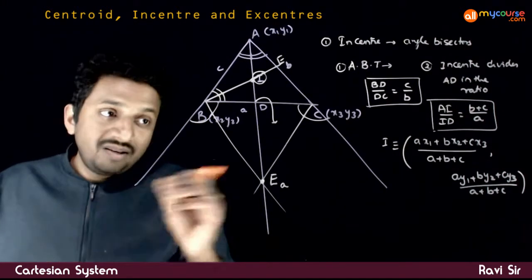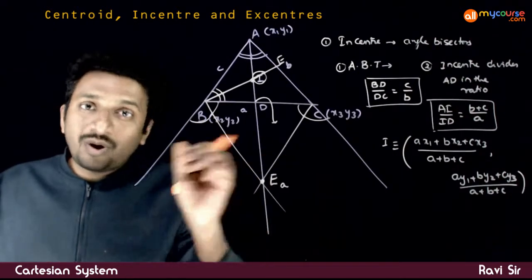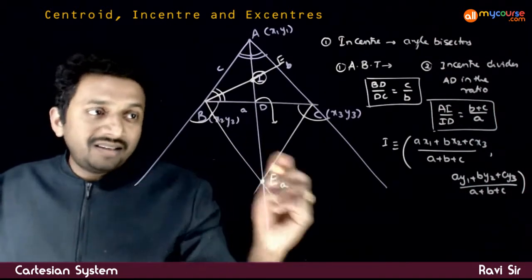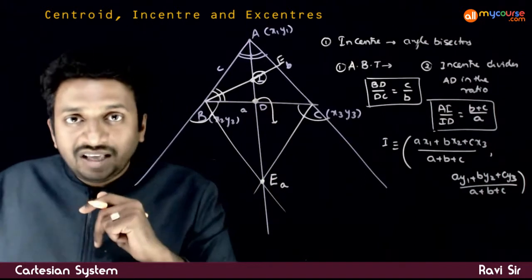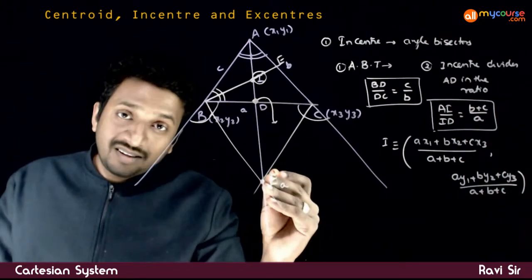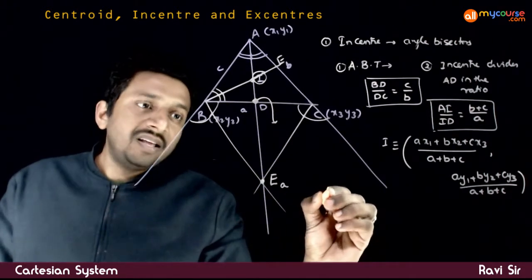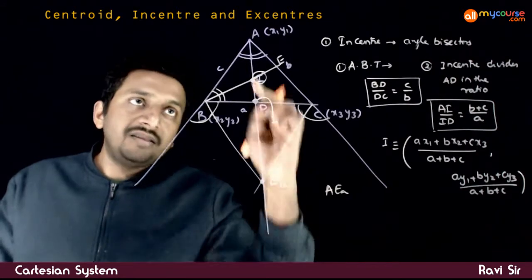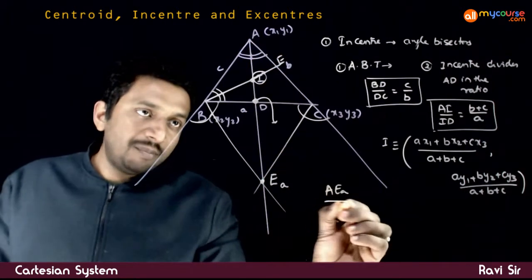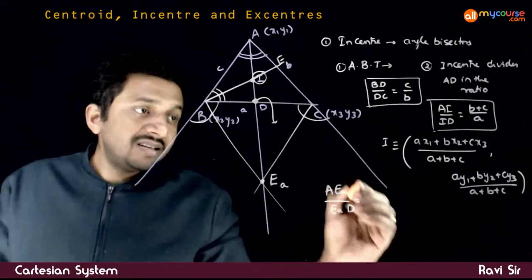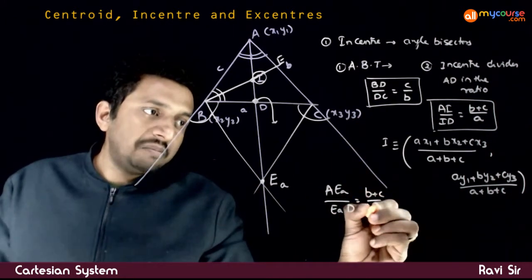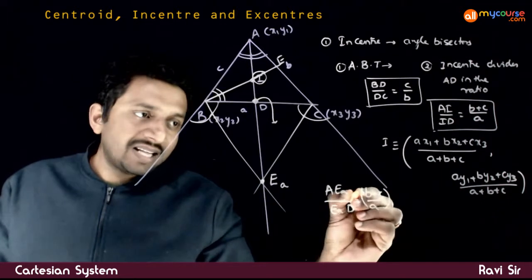So how do we find the coordinates of excentre? Again, you have the angle bisector theorem from which you get the point D, and the excentre theorem says that AE_A by E_A D is again b plus c by a, but an external ratio.